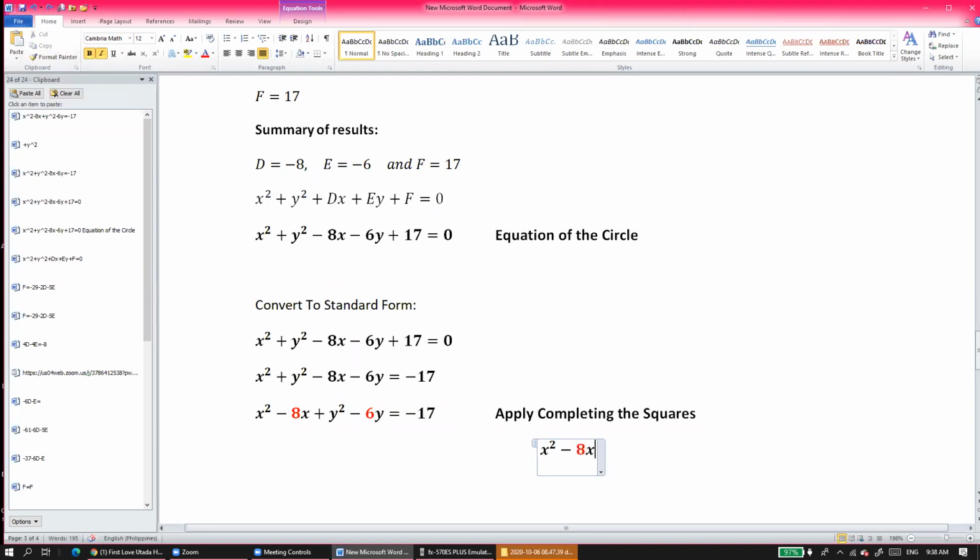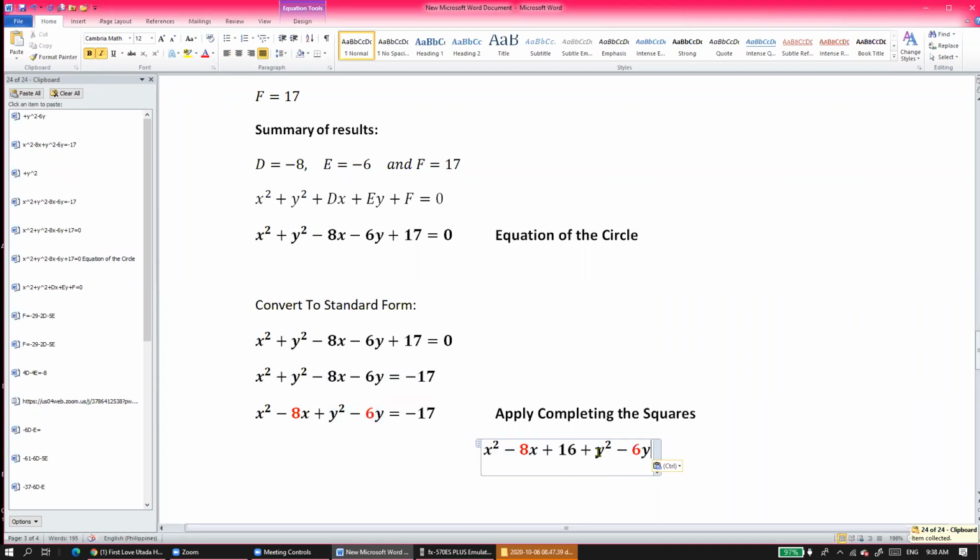So plus 16. So nakakuha na tayo ng trinomial na ngayon. Nakabuo na tayo ng perfect square trinomial para sa ating first two term na x square minus 8x. So ngayon, x square minus 8x plus 16 na siya. Now, copy-paste ulit natin yung sumunod na dalawang term, yung dalawang yan. Yan. Copy.